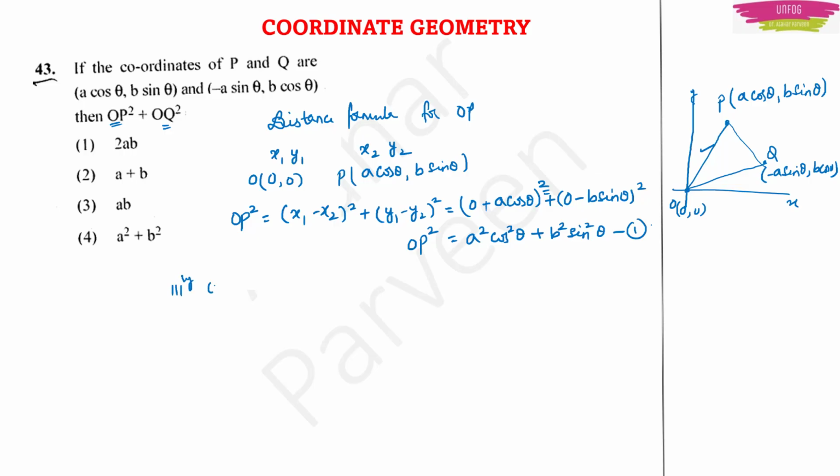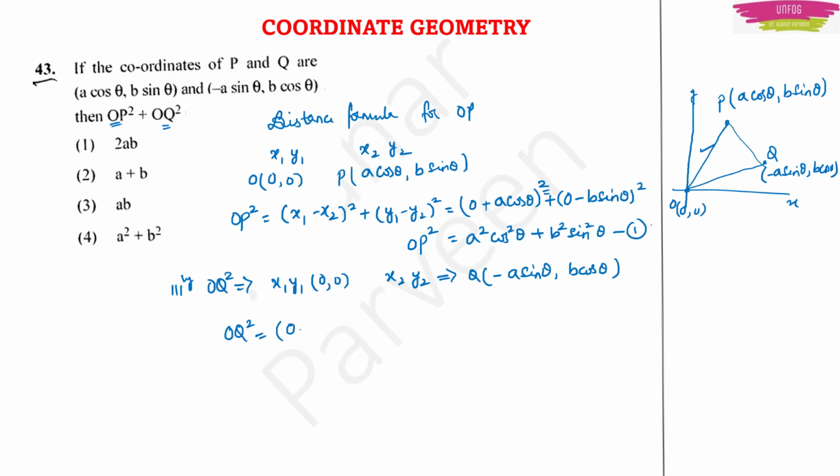Similarly, for OQ square, if you apply the distance formula, your x1, y1 will become the origin and x2, y2 will become the coordinates of Q now, so minus a sin theta and b cos theta. So OQ square is equal to x1 minus x2 whole square. I will write directly now.